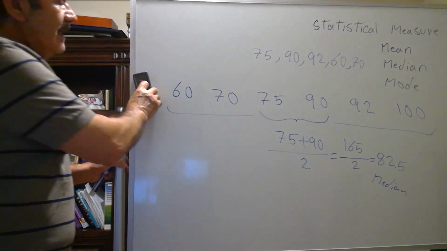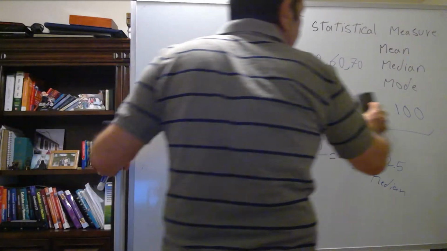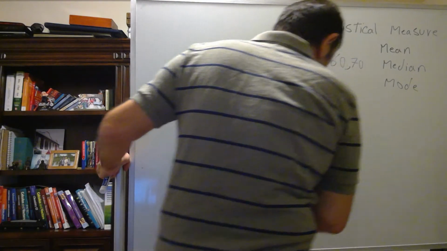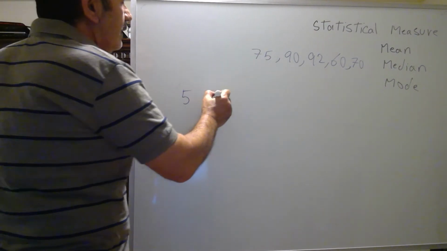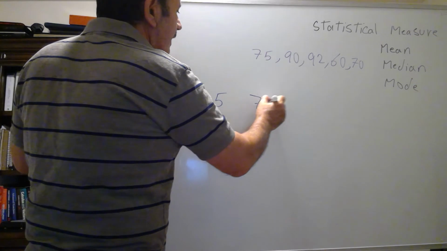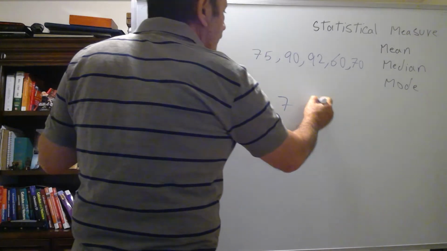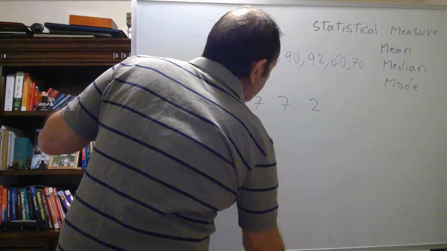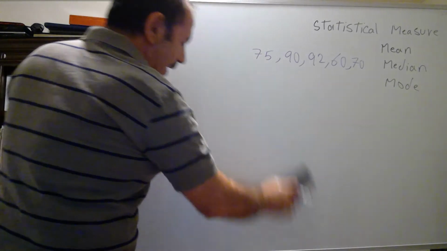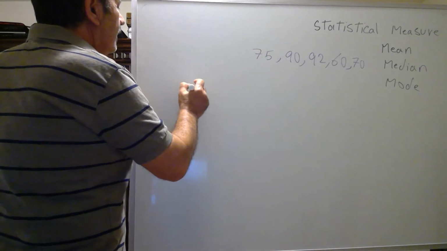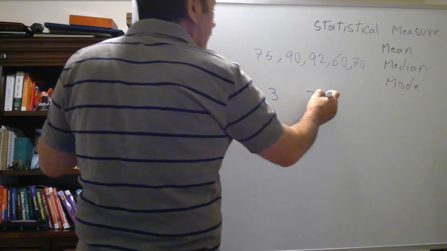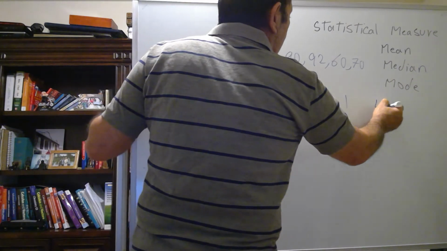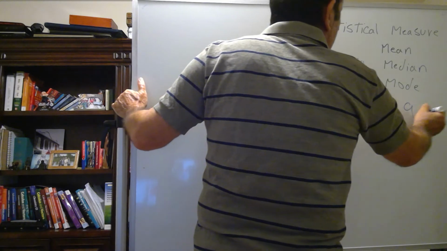As an example, let's say we have this data: 5, 7, 3, 7, 1, 5, 9, 3.